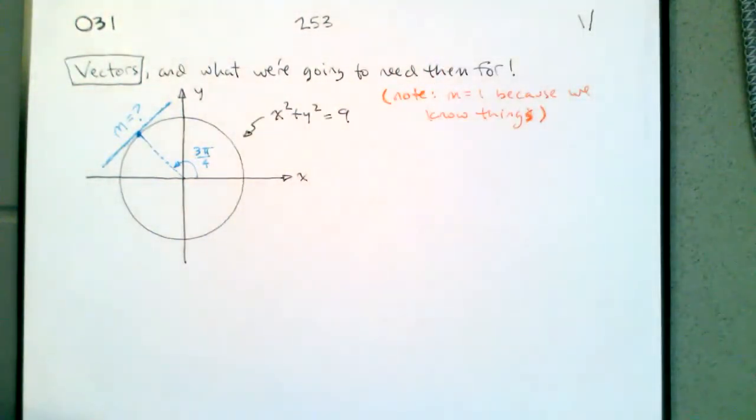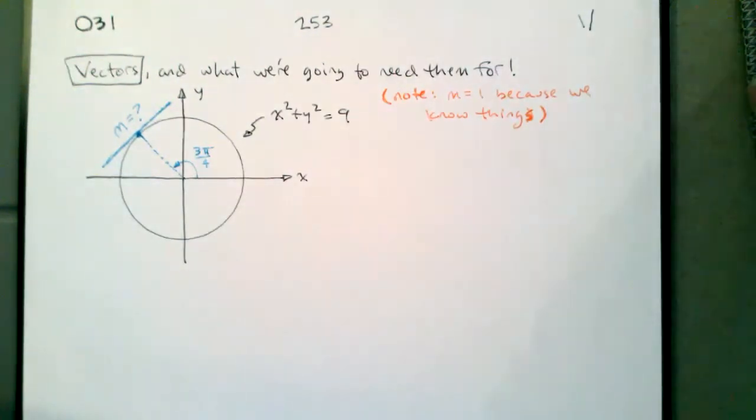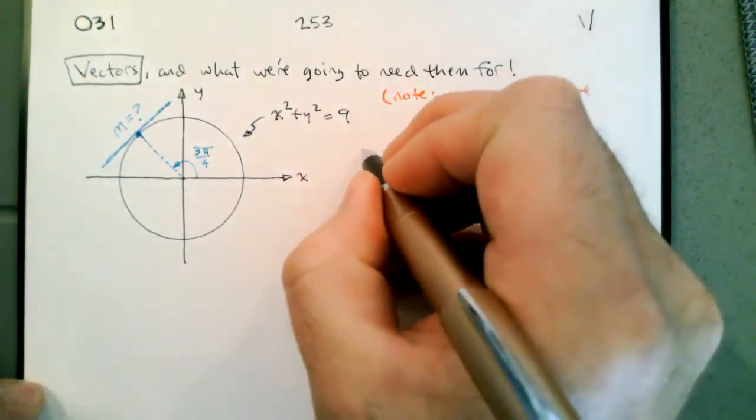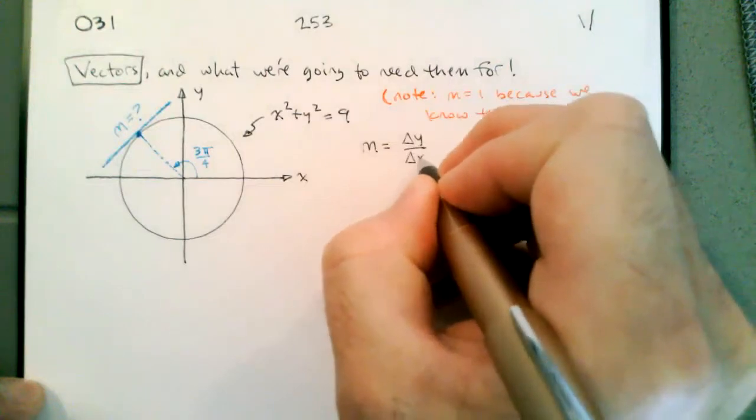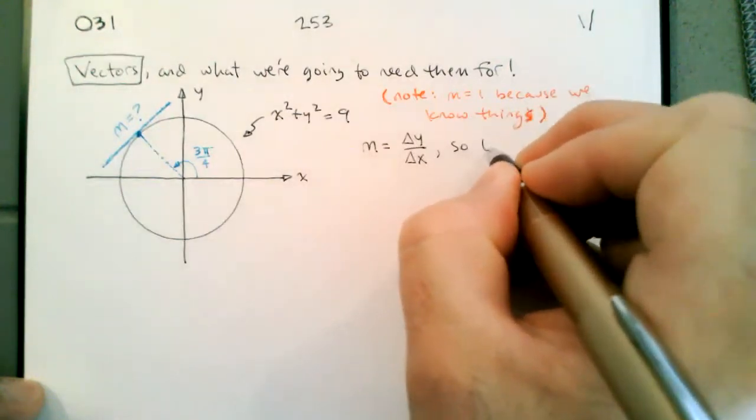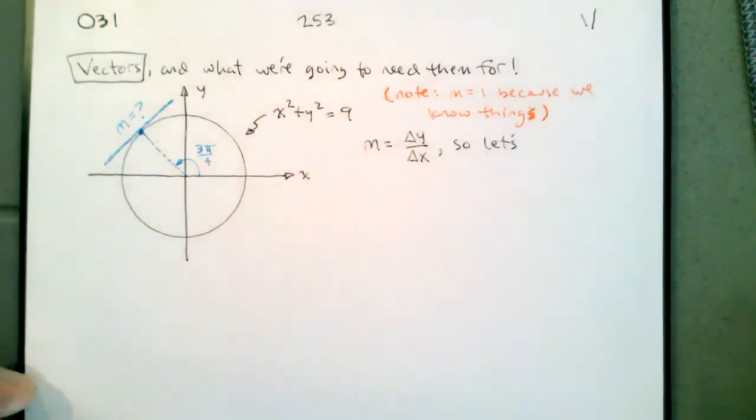But we want to look at all the different ways that we know this. It's not about what we know, it's about how we know it and how many different ways we can know a thing. So one thing we can notice is that we want the slope, and the slope is change in y divided by change in x. So since slope is dy over dx, slope is delta y over delta x.